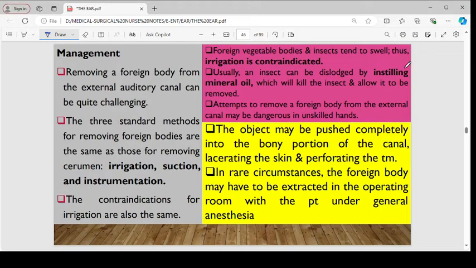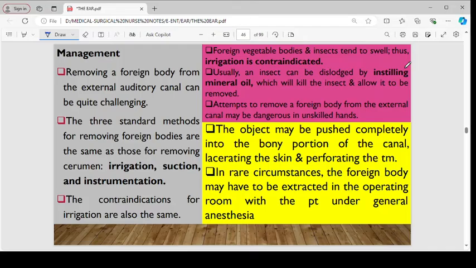So how do you manage? You remove the foreign body from the external auditory canal, which sometimes can be challenging. Currently we have 3 standard methods for removing foreign bodies, just as for removing cerumen: irrigation, suction, and instrumentation.